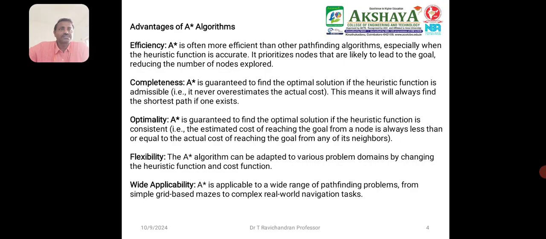It prioritizes nodes that lead to the goal, reducing the number of nodes explored. Completeness: the A-star algorithm will find the optimal solution if the heuristic function is admissible. It never overestimates the actual cost. It means it always finds the shortest path if one exists.